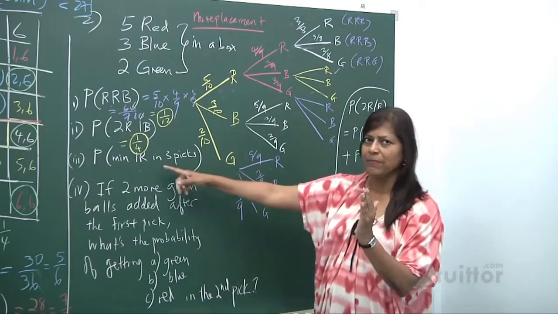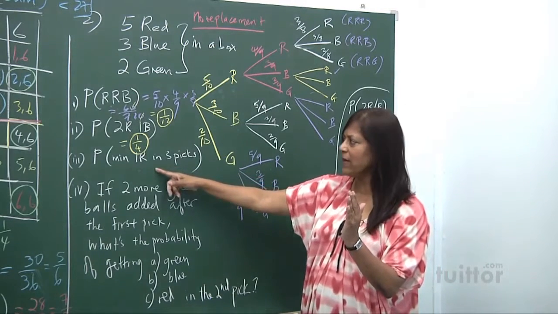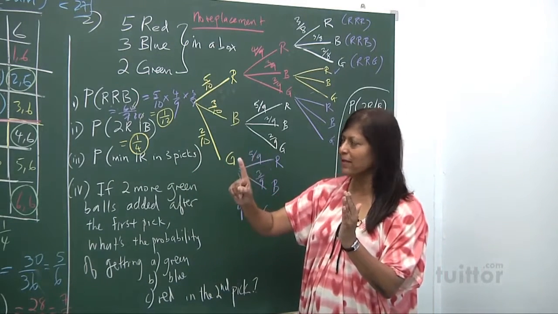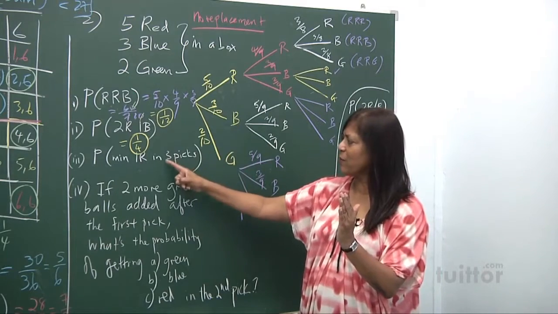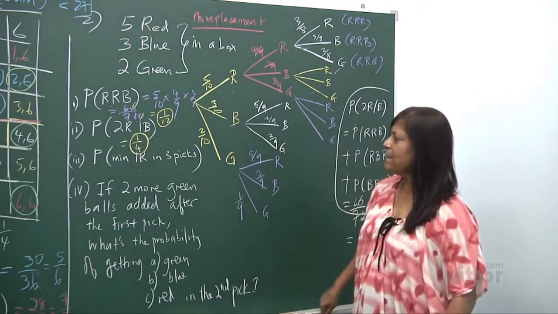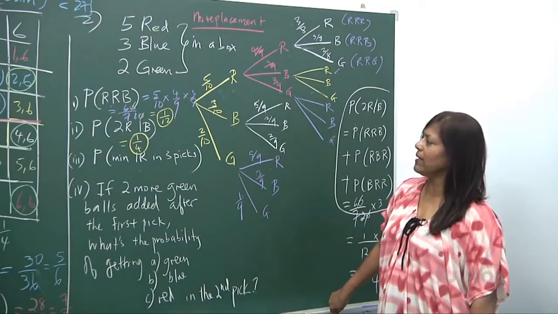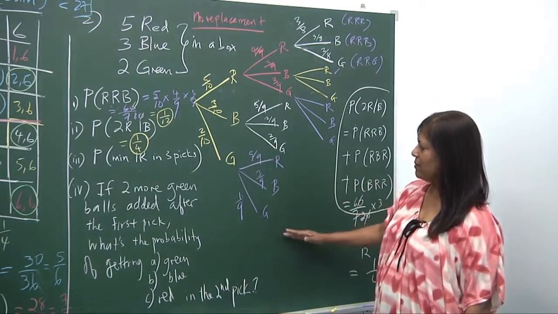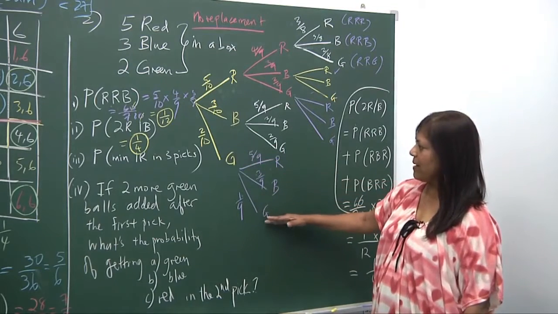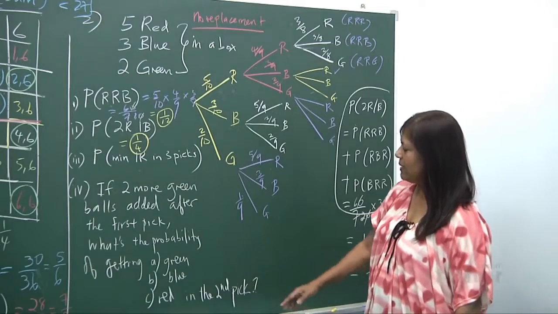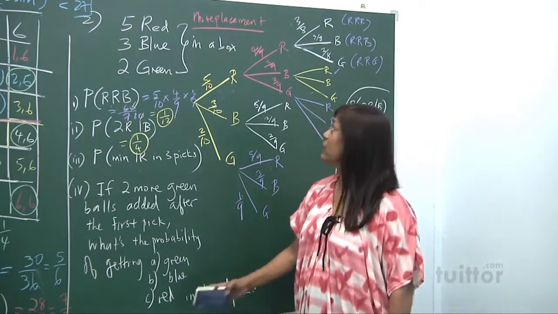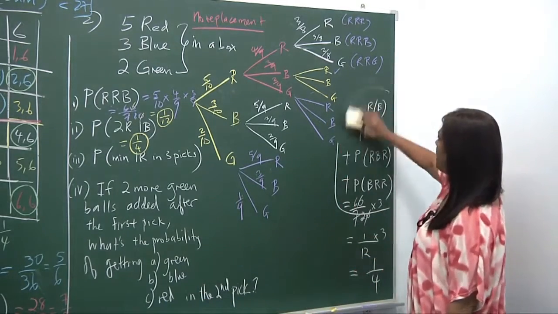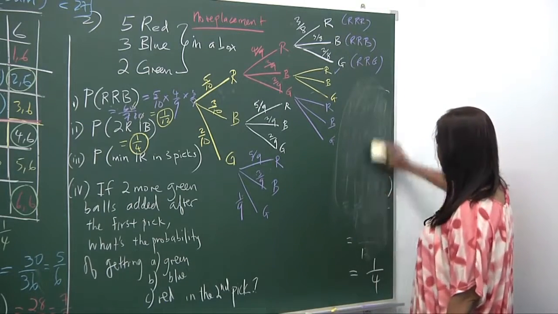That means a minimum. Read the question carefully. You must have a red. So you must have a red in 3 picks, means 1 whole minus the probability of getting no reds. Look at this. This is a green, green, green. Out. Green, green, green. That's out. You want 1 red. So ideally, if you could do that probability tree for me, it will be great. Let's look at that again and get it right.